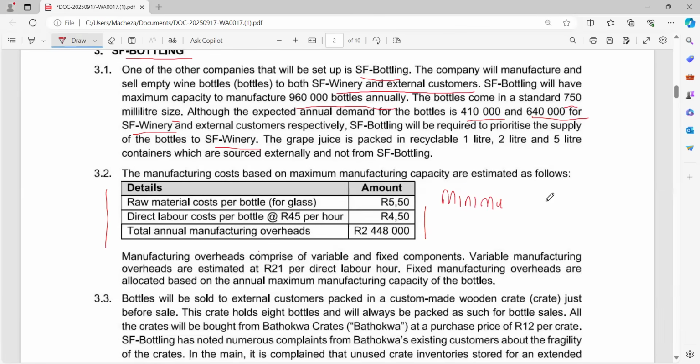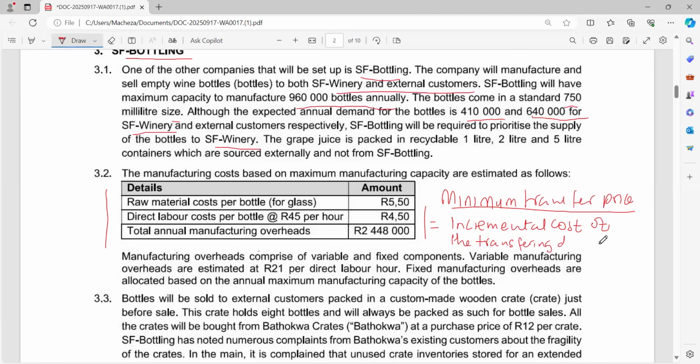So when you are doing your minimum transfer price, what you should know is the formula. I think the formula will help you. So we say minimum transfer price is equal to incremental cost of the transferring division plus what?